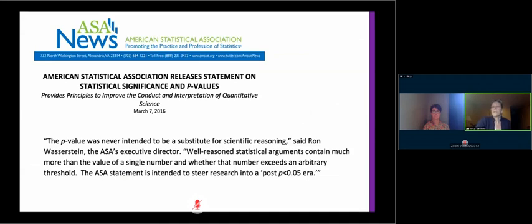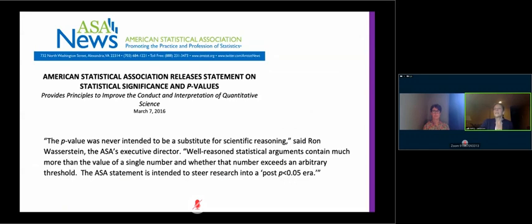This was the statement from the American Statistical Association, and I'll just read out that bottom statement there, where the p-value was never intended to be a substitute for scientific reasoning. Well-reasoned statistical arguments contain much more than the value of a single number and whether that number exceeds an arbitrary threshold.